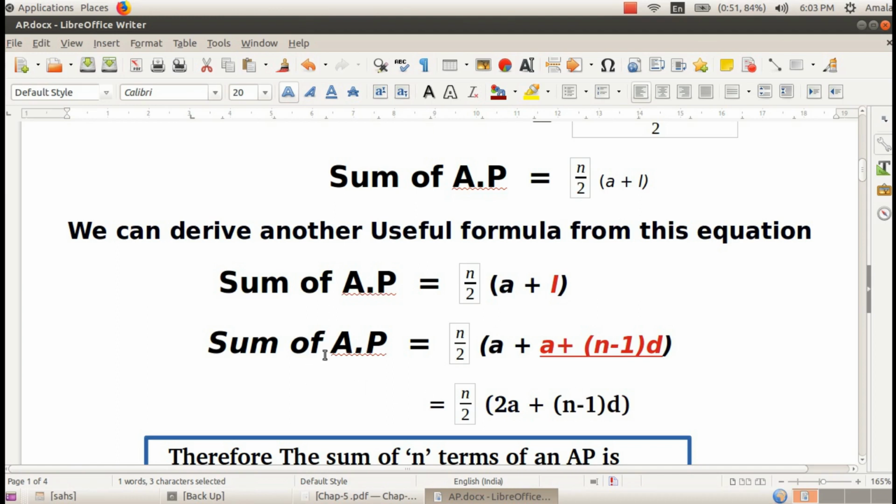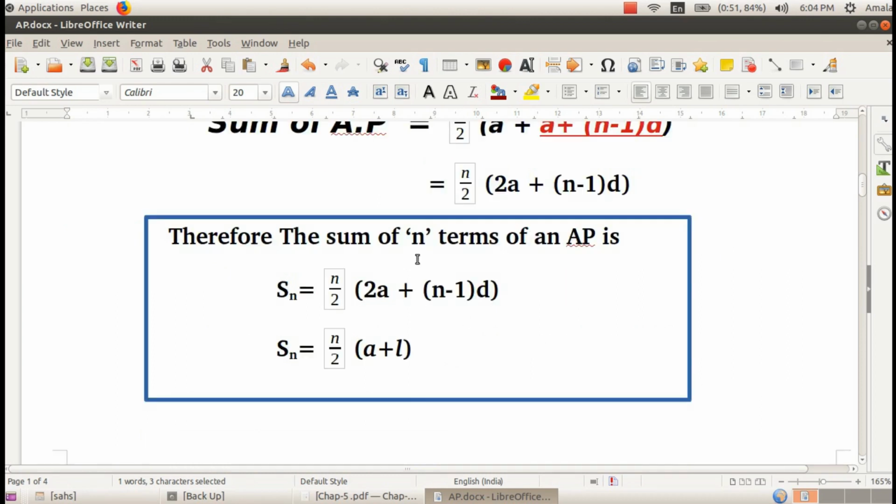That is the sum of first n terms of an AP. We can write n by 2 into a plus, instead of l we can write a plus n minus 1 into d. We are finding the last term, the nth term, by using this formula only. That's why we are writing here a plus n minus 1 into d. That is n by 2 into a plus a, 2a plus n minus 1 into d.